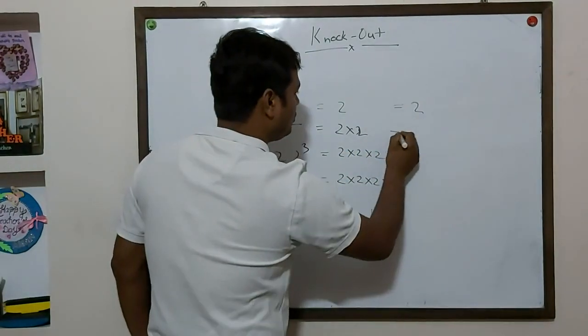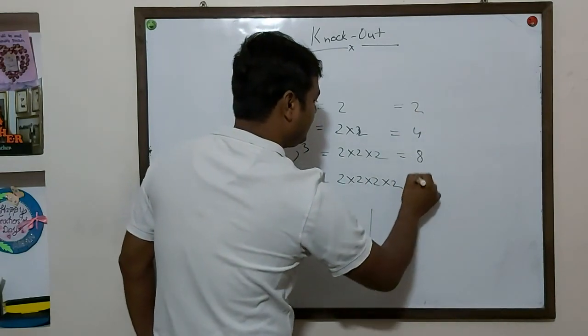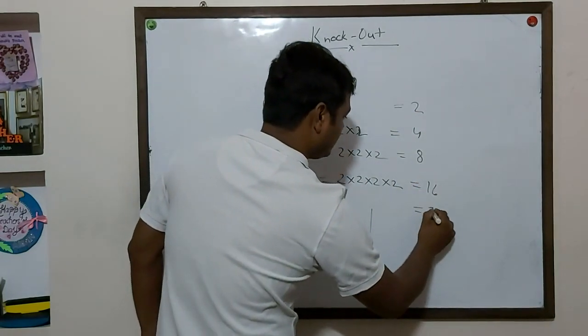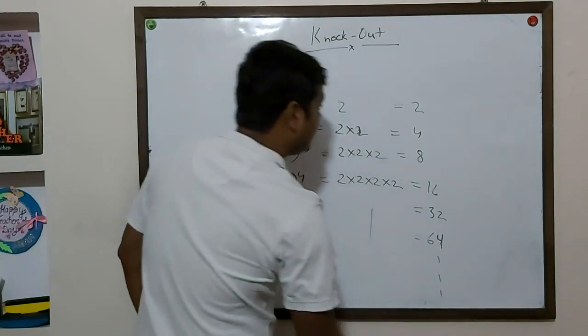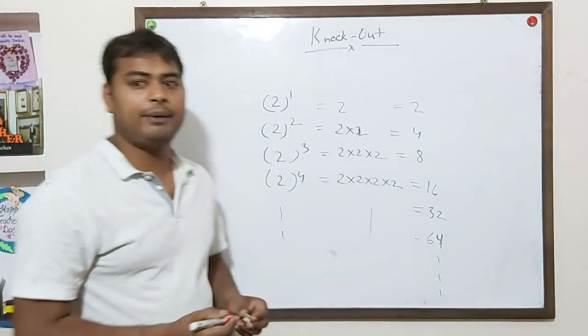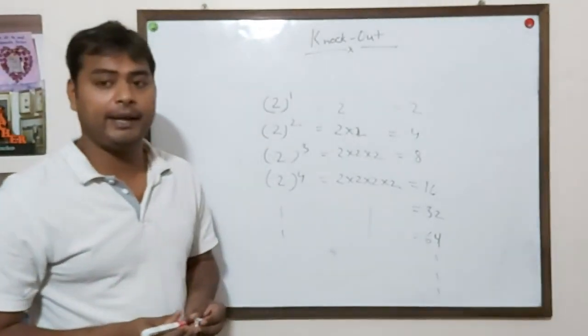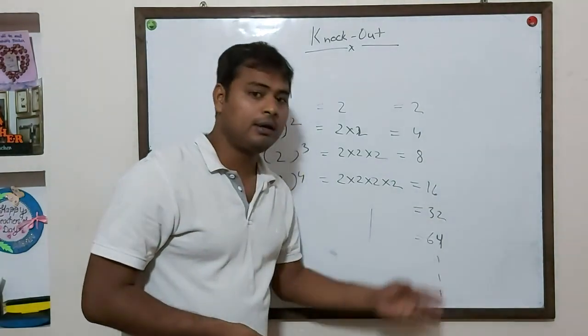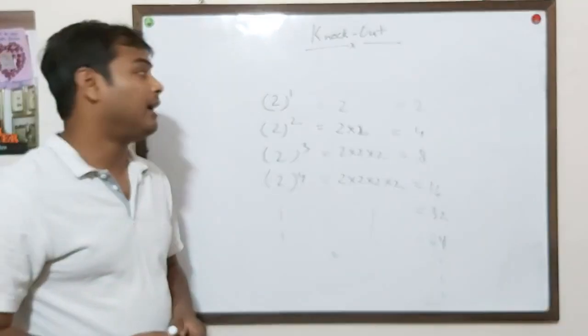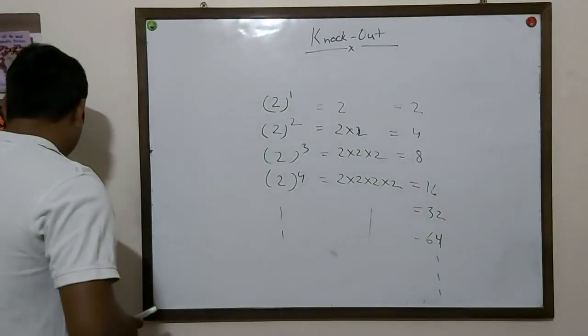Means 2, 4, 8, 16, 32, 64, and so on. If we have a total number of teams of 2, 4, 8, 16, 32, 64, then we can easily draw a picture of knockout tournament.